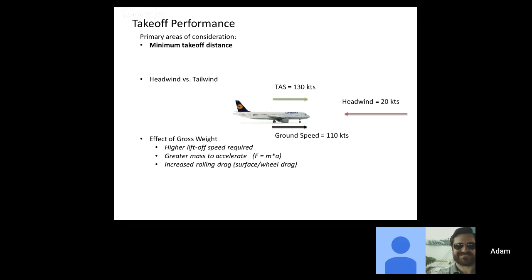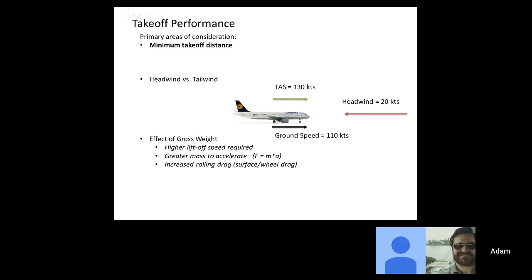Gross weight is the next important factor to your takeoff distance calculations, and depending on what kind of aircraft you fly and what your operating handbook looks like, you won't always have a performance chart that takes into account weight.